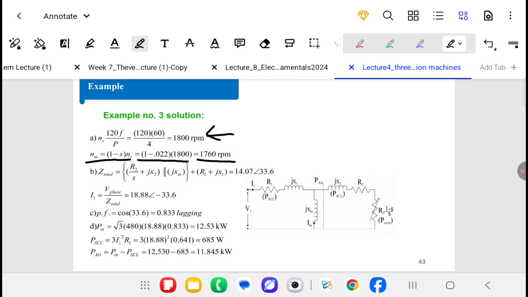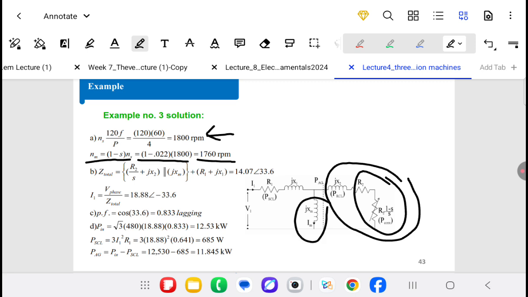We get the total series equivalent of these impedances: R2 over S, which is the equivalent of these two resistances, plus JX2 in parallel with JXM. Then the equivalent is in series with R1 plus JX1. We get the total impedance 14.07 angle 33.6.